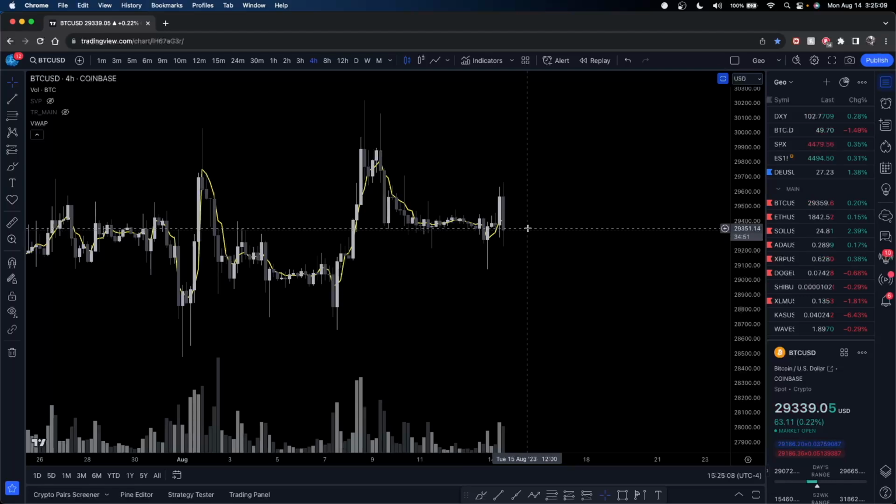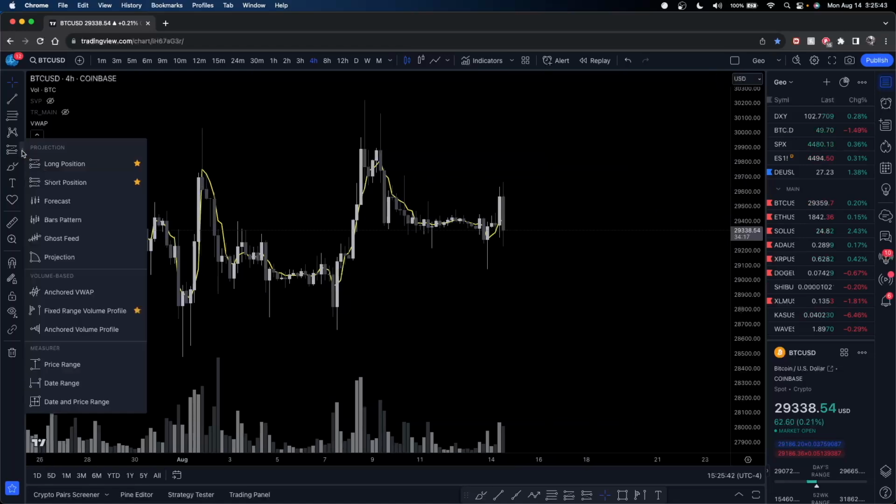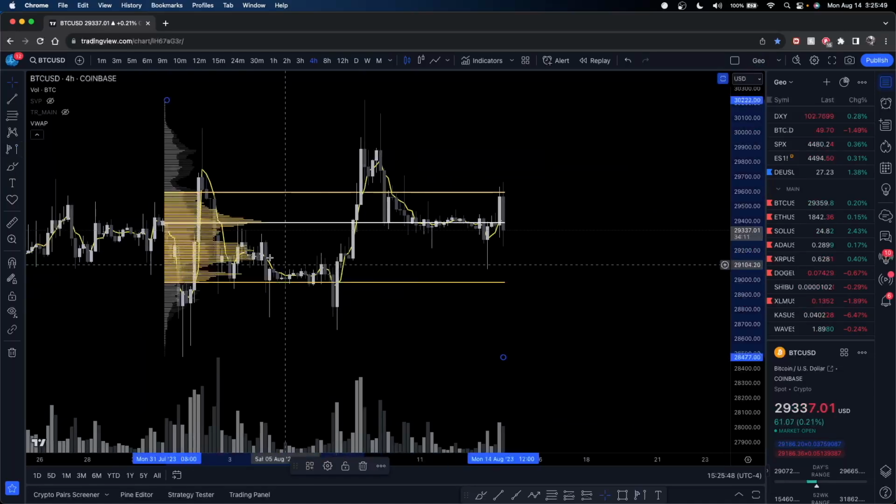Okay, so if everyone's following the VWAP and the candles, the next thing we're going to talk about is the fixed range volume profile, which can be found on the left here. We're going to go over what this means.